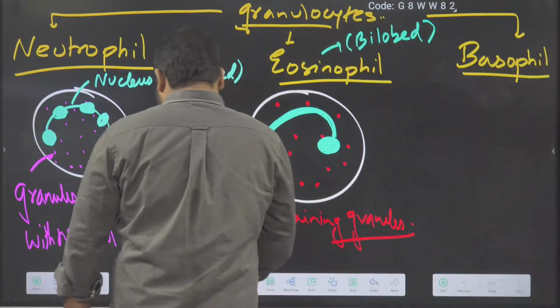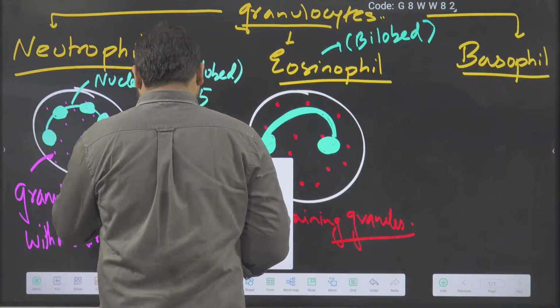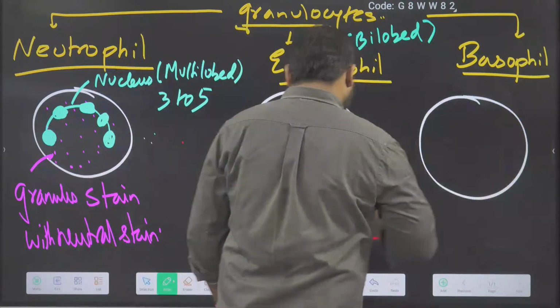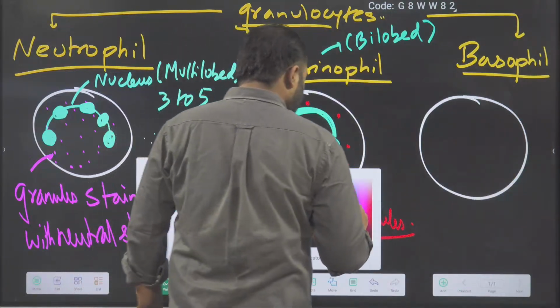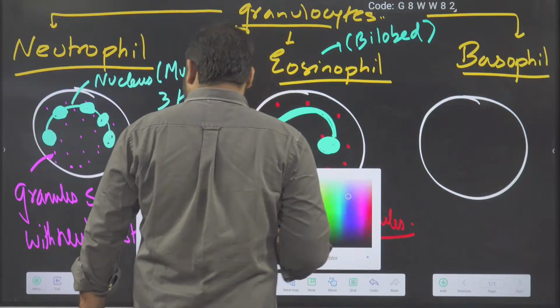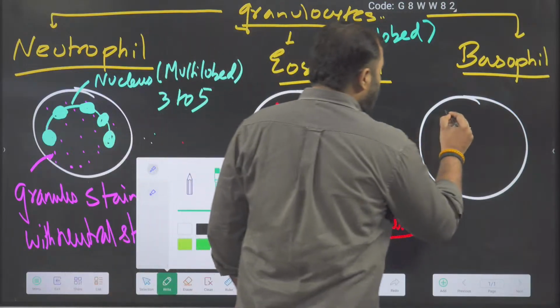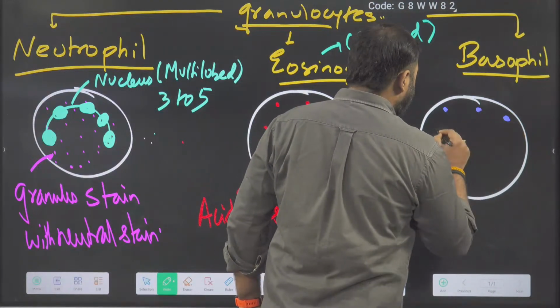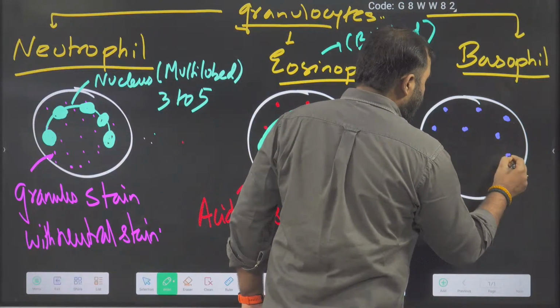Baso means basic stain loving. So here is the basophil. Basophils love basic stain, and basic stain color is blue.